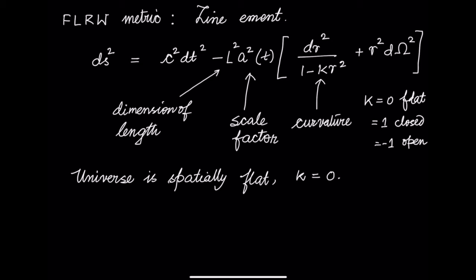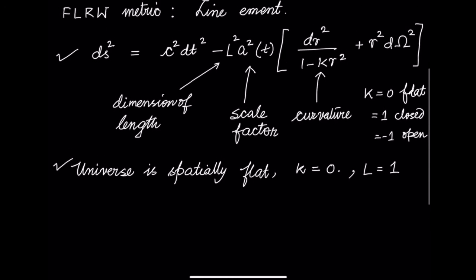What I have written down here is a solution that comes purely from mathematics, assuming that the spatial part has the maximal symmetry. Now I have used an observational fact to set k equals 0. Then you can just set L equals 1 and give the dimension of length to the coordinate r itself. So the spatially flat FLRW metric will look like the following, with which we'll be working.